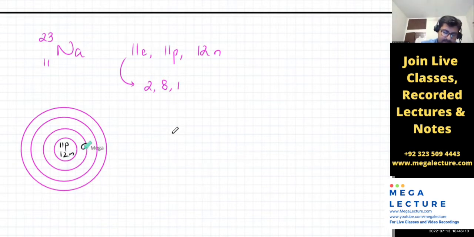Make sure you draw them in pairs. Then 8, and then there's 1 electron. So that's 2, 8, 1.